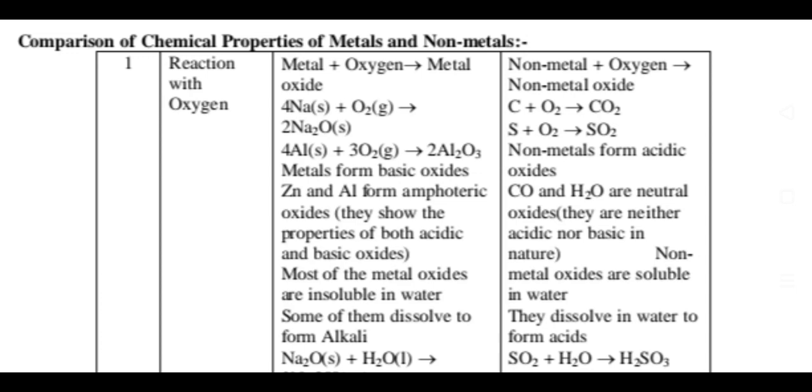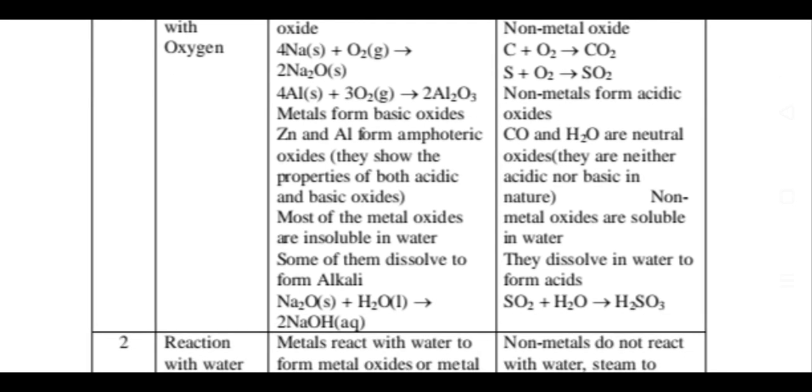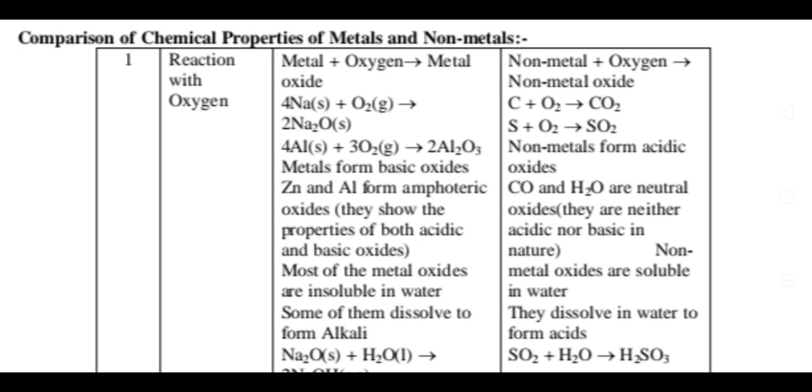Most metal oxides are insoluble in water. Some of them dissolve to form alkali. The chemical equation is given here. In the same way, when non-metals react with oxygen, a non-metal oxide is formed.